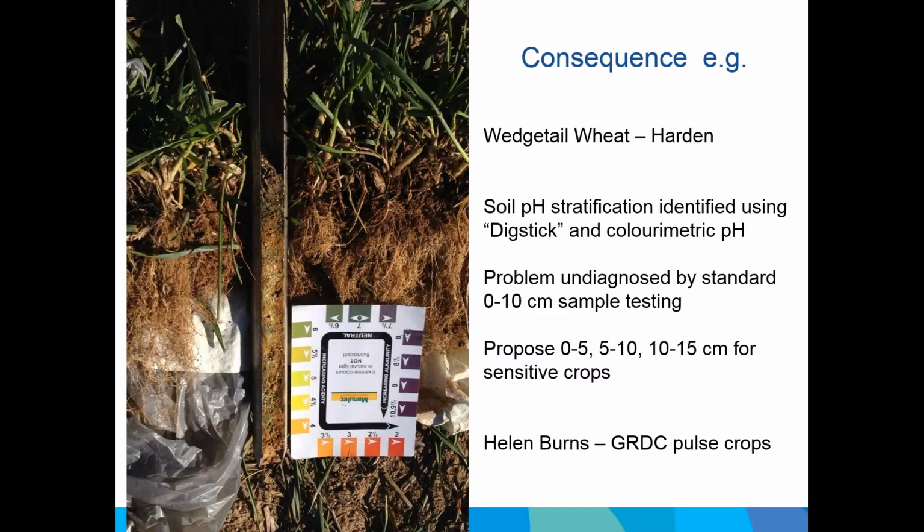I should say too that this stratification is a problem in the pulse crops that Helen identified, first seen down around Holbrook, where a faba bean crop was yellow. So it just was not behaving like a legume at all. If you remember back at the start, we first realized we had an acidity problem when the wheat started going yellow, because it couldn't get the nitrogen, because the roots had basically been stunted by the aluminium.